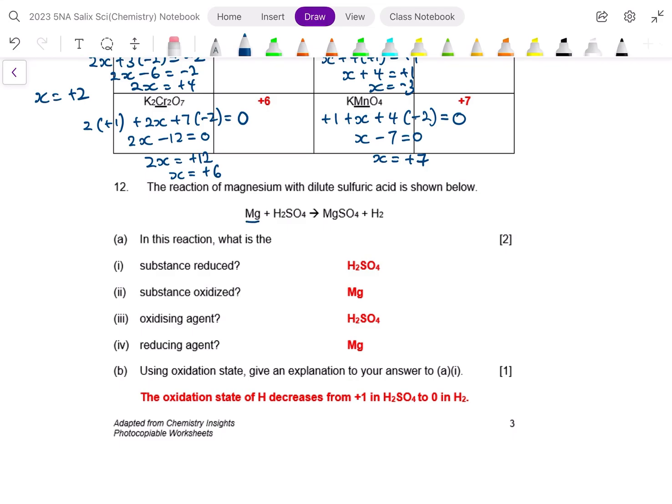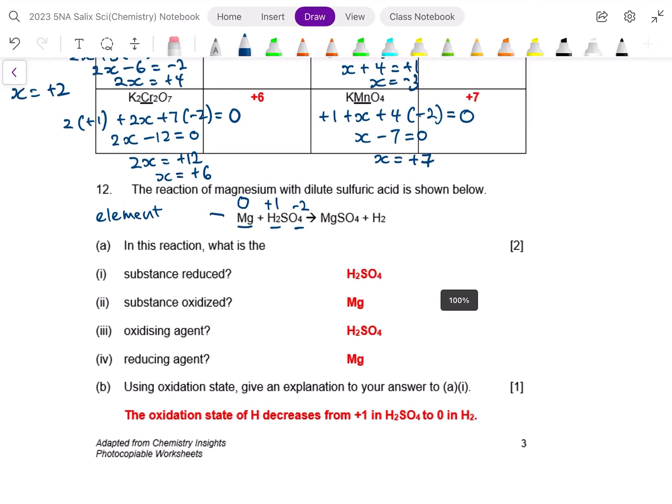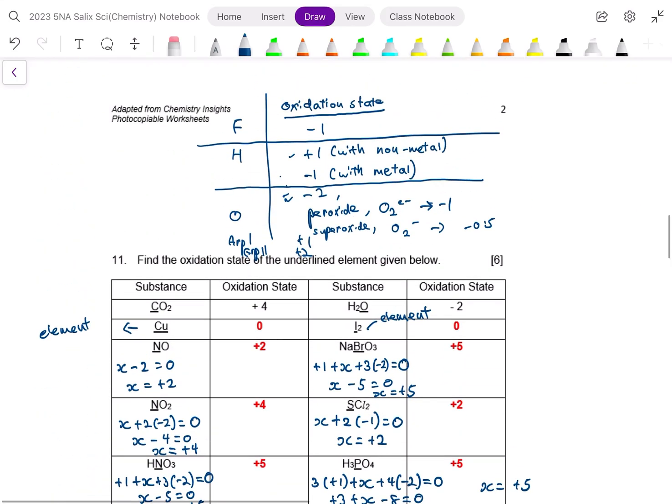For magnesium, the oxidation state is 0 because it's an element, right? Then next thing, for hydrogen it is +1. I'm looking at it on a per atom basis. Then oxygen is -2. These are all the ones I can fix based on what I have here.